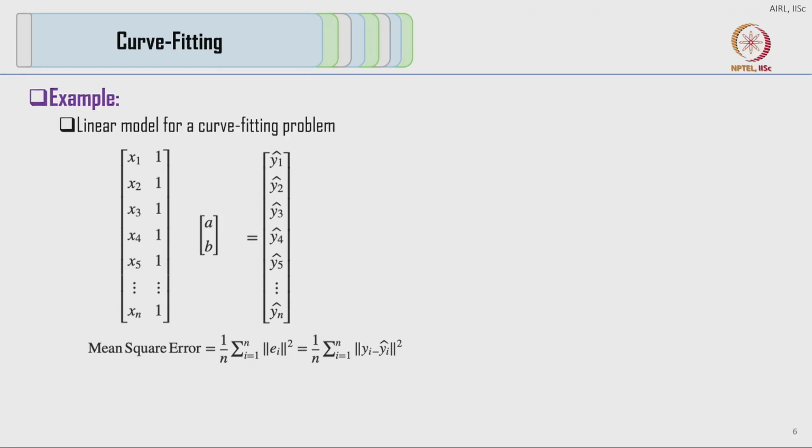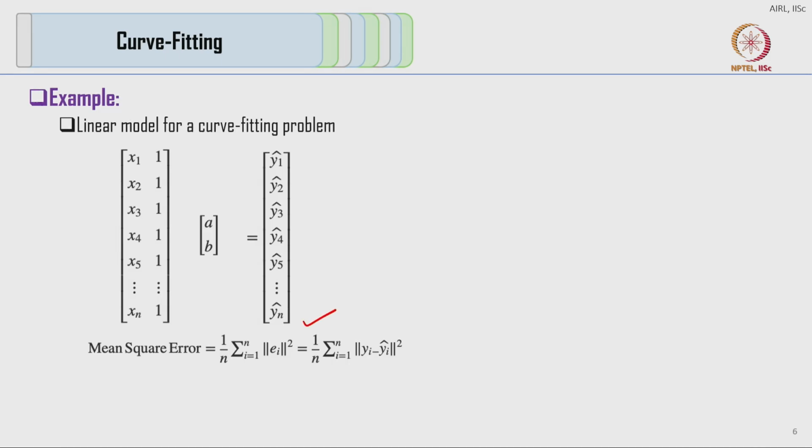Now similarly, let us take an example of a linear model for curve fitting. In the last example also we had a linear model in w but not in the input x. Here we have a linear model which is highlighted by this matrix equation.